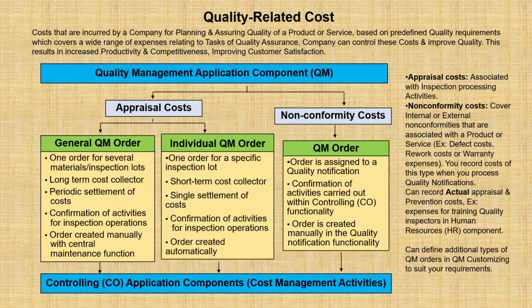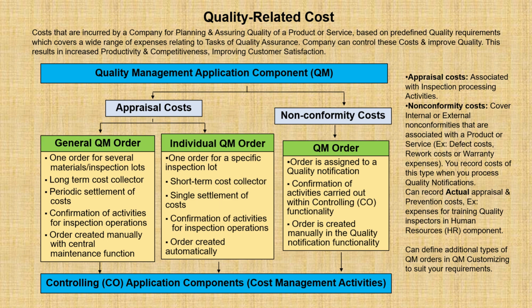CAPA and other activities are done, and how many days were involved to close the notification. So you will monitor all the things. The cost of the notification can be calculated, because even if you are doing a rework, or that material goes to the scrap category, that is a loss only.